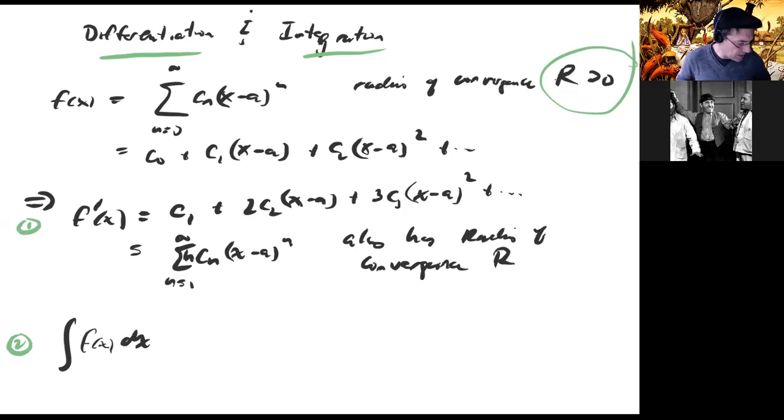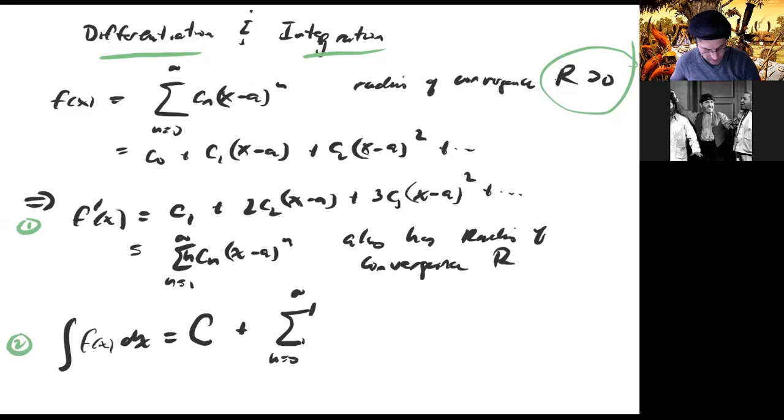And that's given by integrating term by term and adding a constant. So we'll put the constant at the beginning, c plus summation. I'll just write out the series form. n goes from 0 to infinity of Cn (x minus a) to the n plus first power over n plus 1.